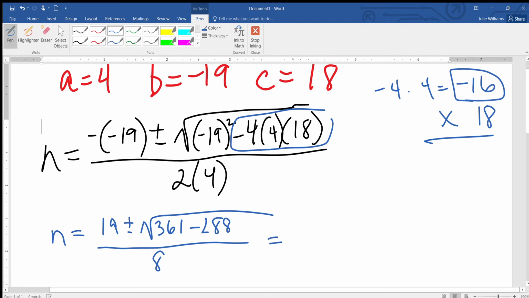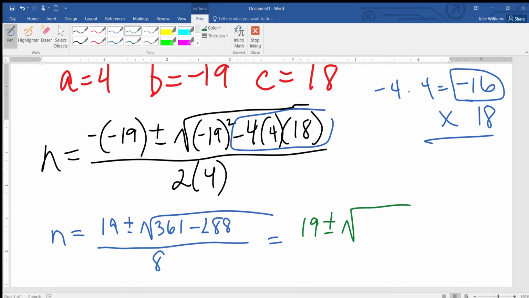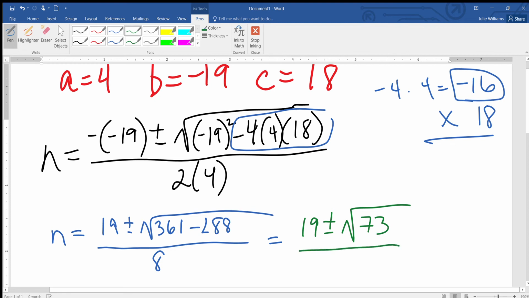Alrighty, simplification step 2. So 19 plus or minus the square root of, I'm going to use my calculator again, 361 subtract 288, and that is 73, and that's all over 8. Okay, so then I think to myself, I need to look at that radical again.